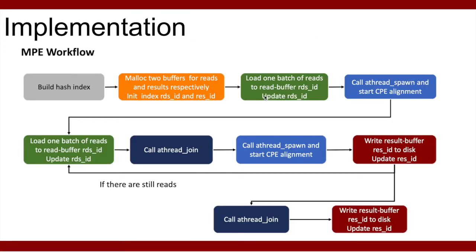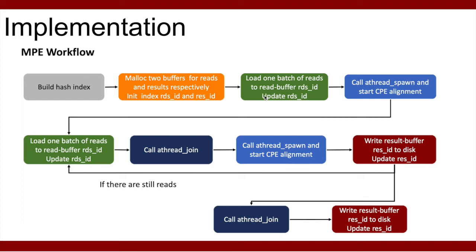We first determine whether there already exists a hash index and a compressed reference on file. If not, we need to initially build a hash index and compress the reference. The constructed hash index and compressed reference are then written to the file system. If the hash index already exists, we read it from the file system.